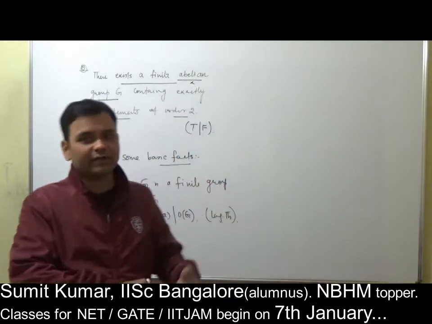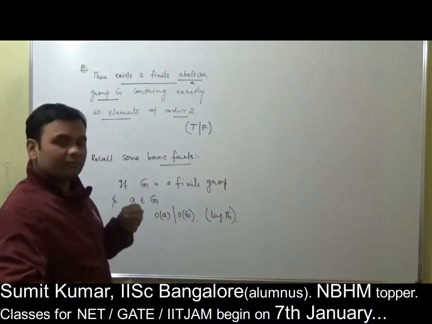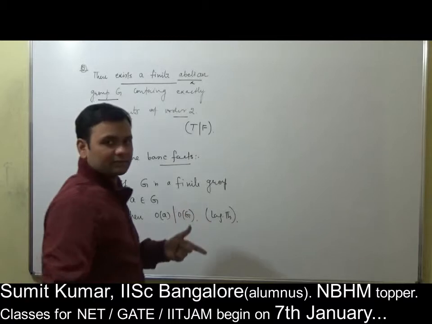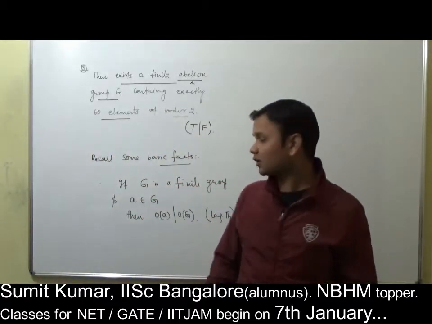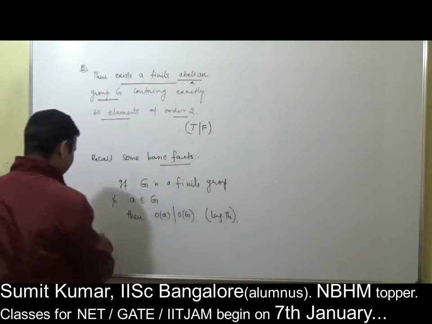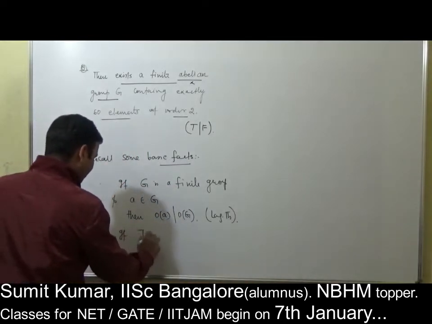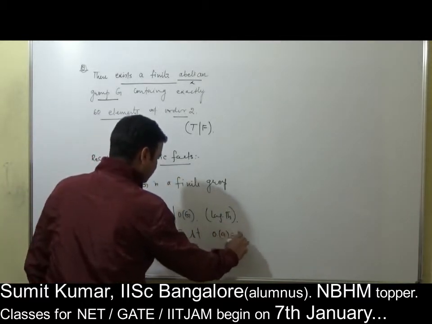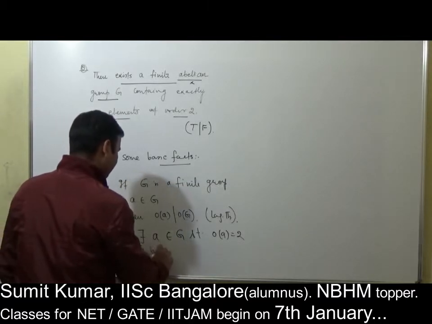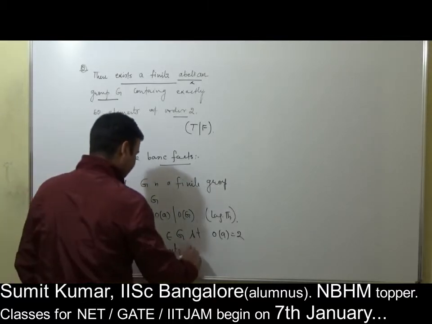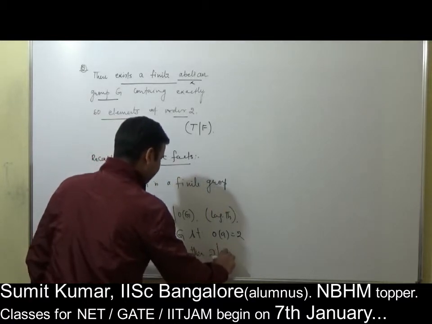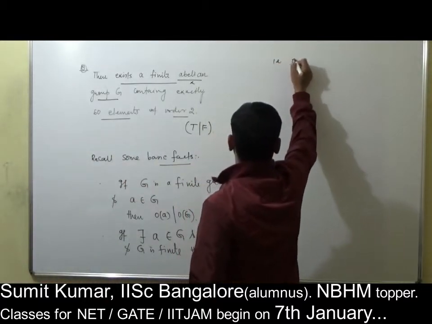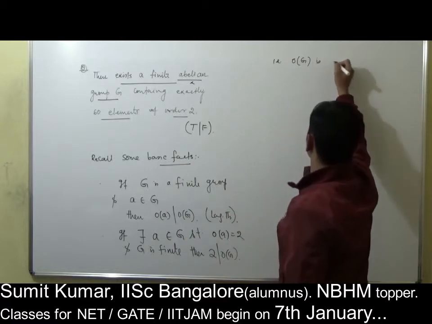So from here I can conclude: if there exists a belongs to G such that the order of a is 2 and G is finite, then by the above theorem 2 must divide the order of G, that is, the order of G is even.